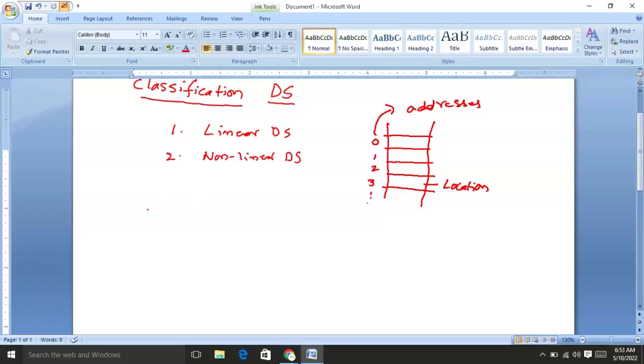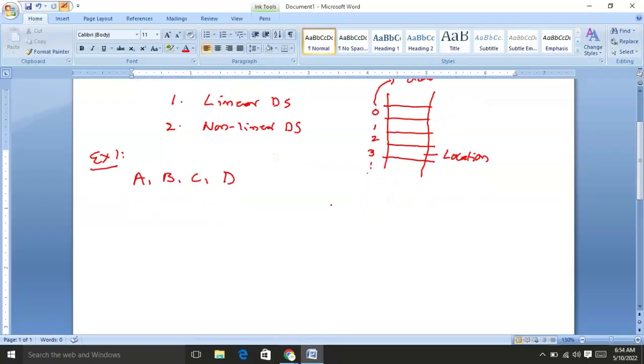Now, for the linear data structure, let us consider the data A, B, C, D. I am taking 4 data items, for example, to arrange as a linear data structure. The linear data structure means that in memory the data is arranged in a consecutive way, or the data is stored in a sequential pattern in consecutive memory locations.